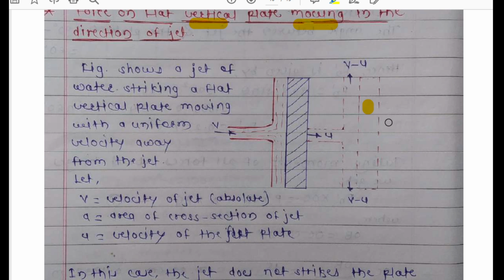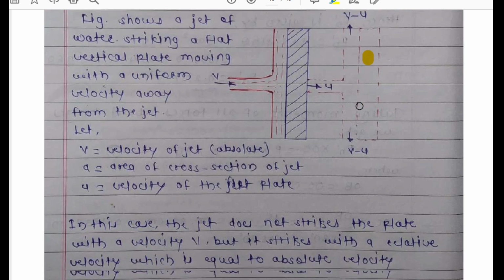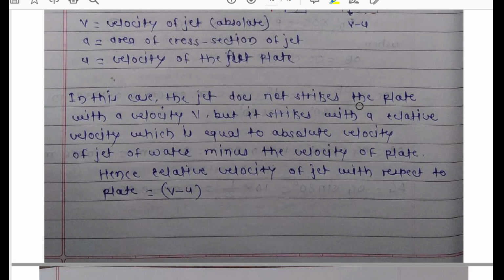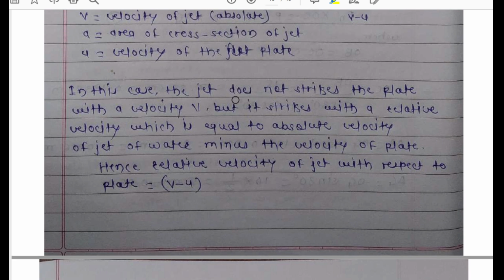Now what will be the final velocity of your water, that means the relative velocity. Relative velocity will be the absolute velocity minus the velocity of the plate, that means v minus u. I hope you understand.